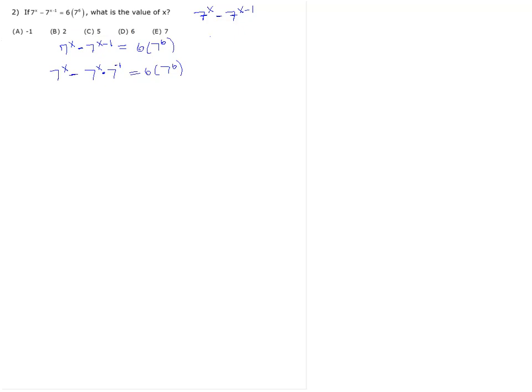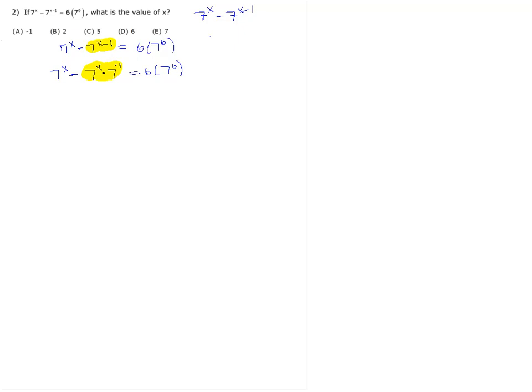So the transition from this structure here to this structure here, I think, is imperative to being able to solve the problem. Because at least in line 2, I can now see that 7 to the x is clearly the common term. But in line 1, I really couldn't see that. So this is so important, guys. I'm going to break this out on the right-hand side in red so you see exactly what I'm saying.